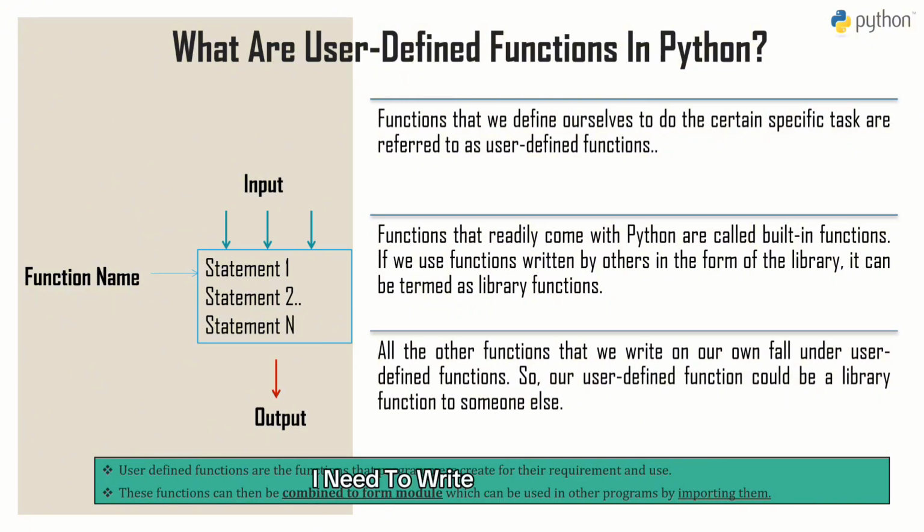I need to write the code for my own function. The difference between built-in function and user-defined function is that built-in is already implemented. User-defined functions are not already implemented. As a user, I need to define it. So that's why the name given is user-defined functions.